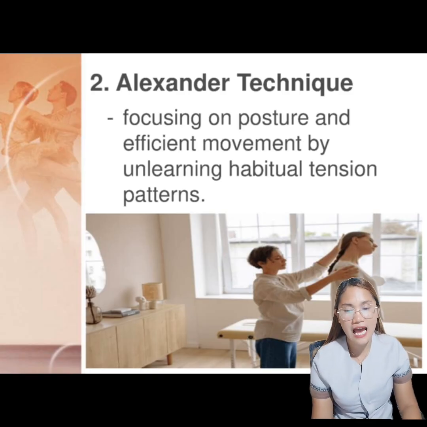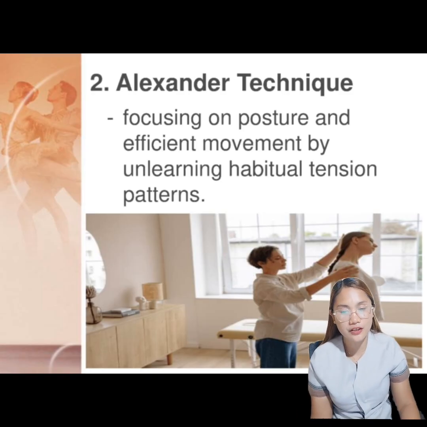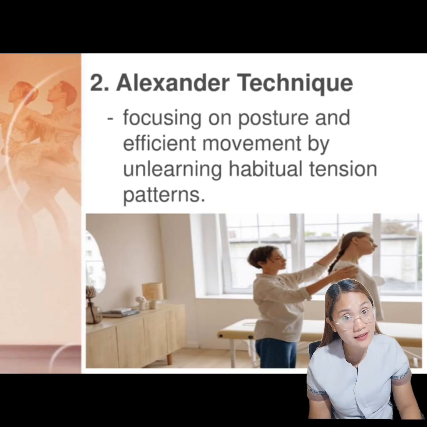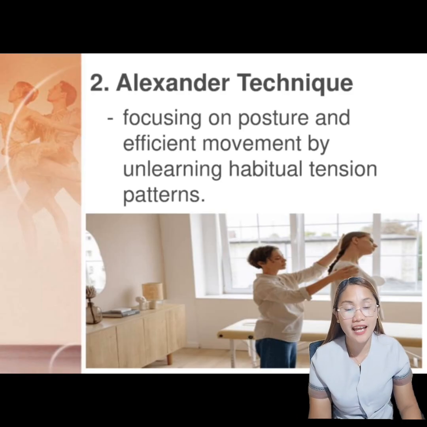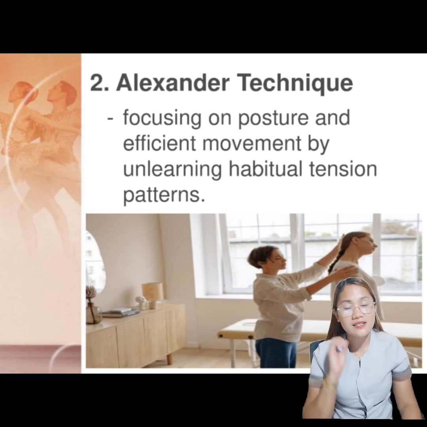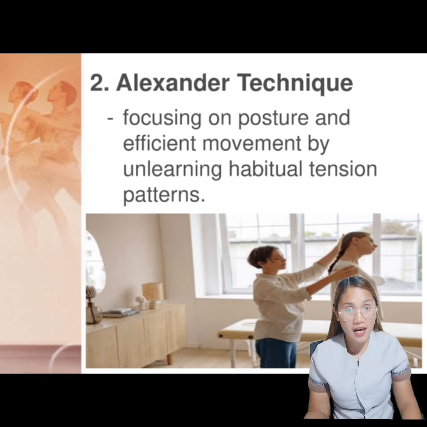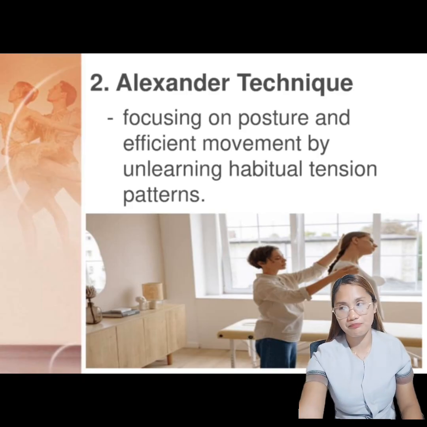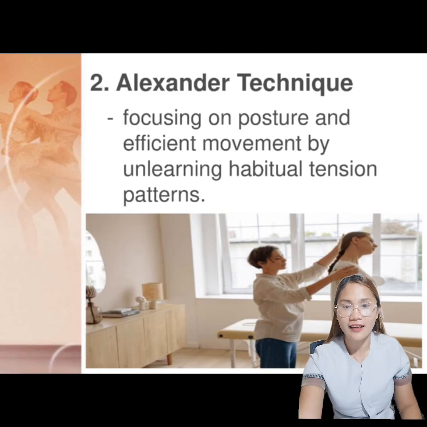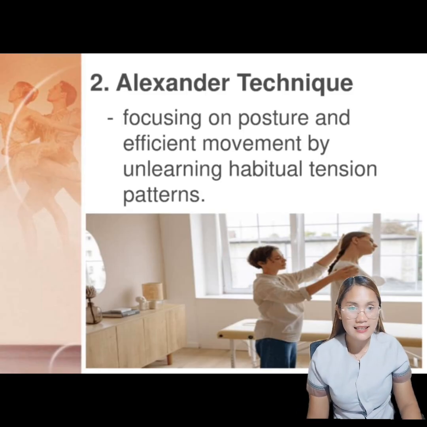This is unlearning habitual tension patterns, leading to better movement, coordination, and overall well-being. An example of this is practicing rising from a chair while releasing neck tension. So that is an example of the Alexander technique.